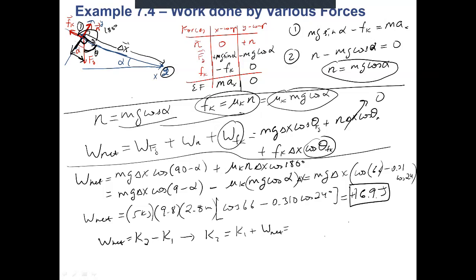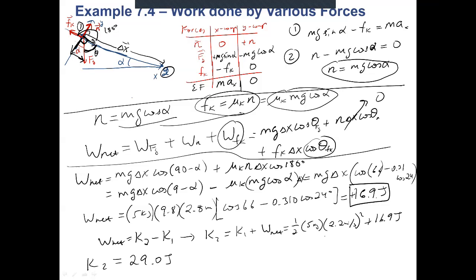Kinetic energy 1 was 1/2 times mass, which is 5 kilograms, times the speed at point 1, which is 2.2 meters per second, squared, then plus 16.9 joules. And what we get is the kinetic energy at point 2, which is 29 joules. That means it's increased its kinetic energy.